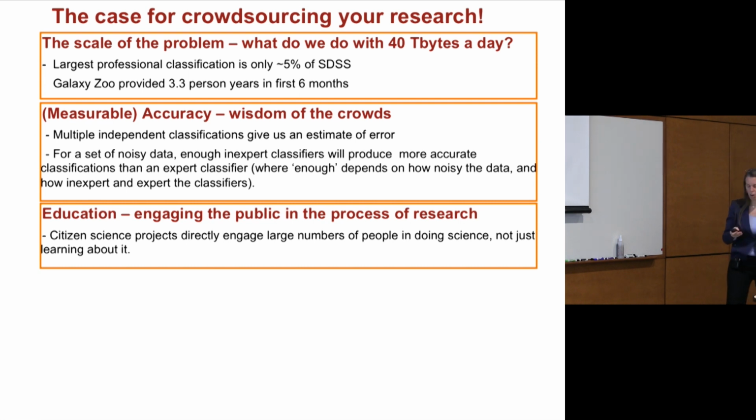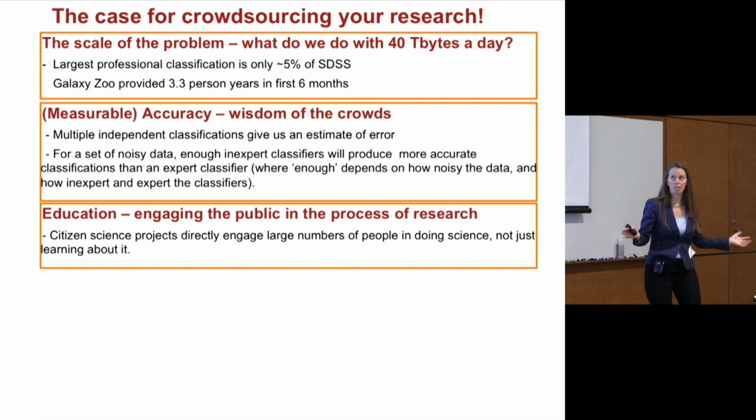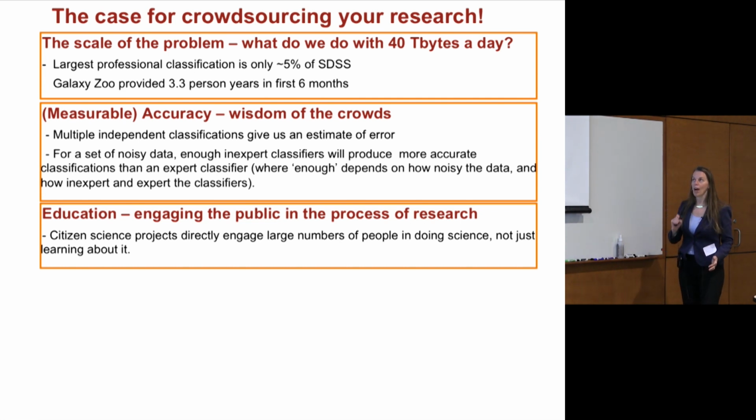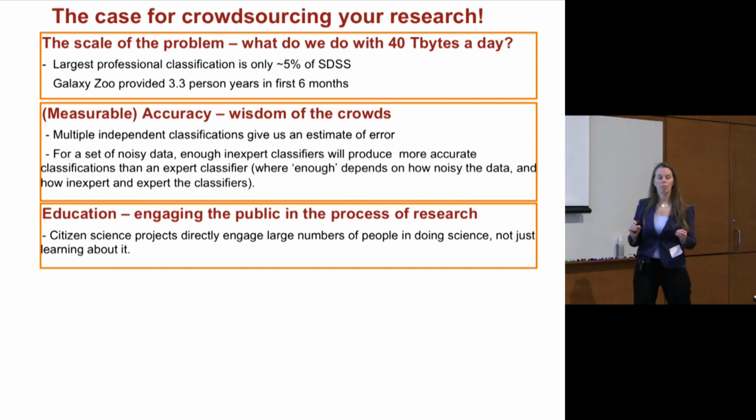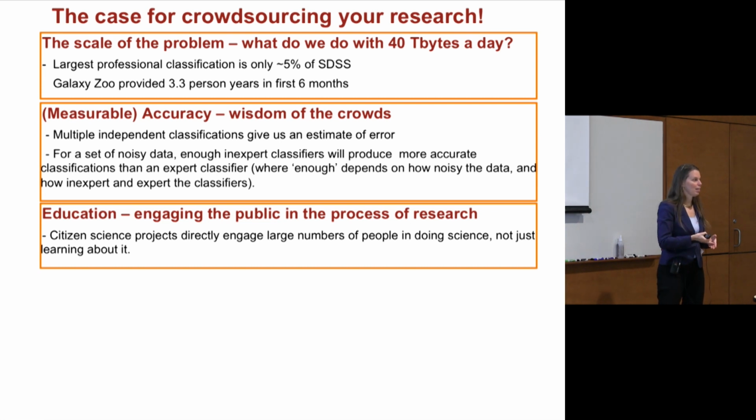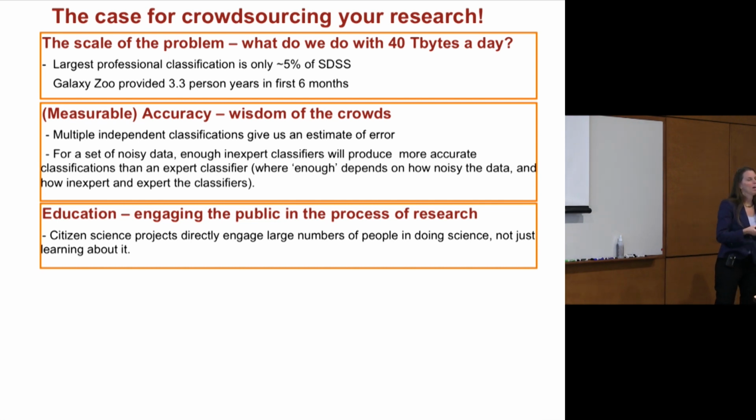Certainly in astronomy, we have this data deluge coming in, and I know it's true across all disciplines. We now also have the ability to provide measurable accuracy on problems like classification. Okay, so we don't have to rely on experts and potentially their blind spots.